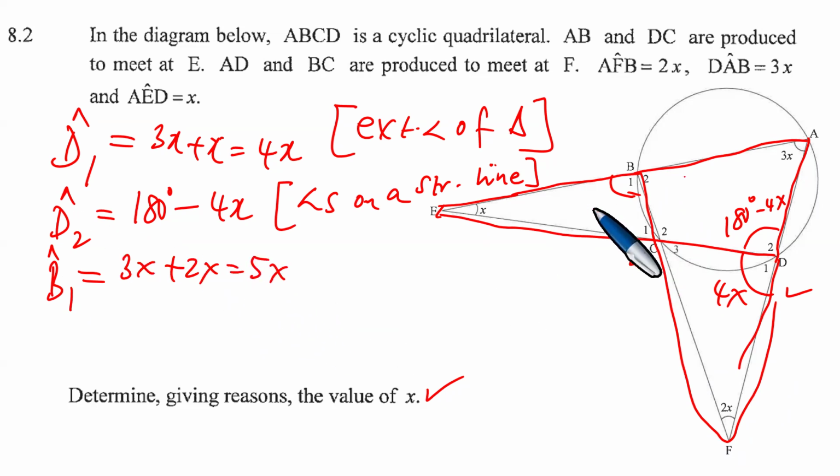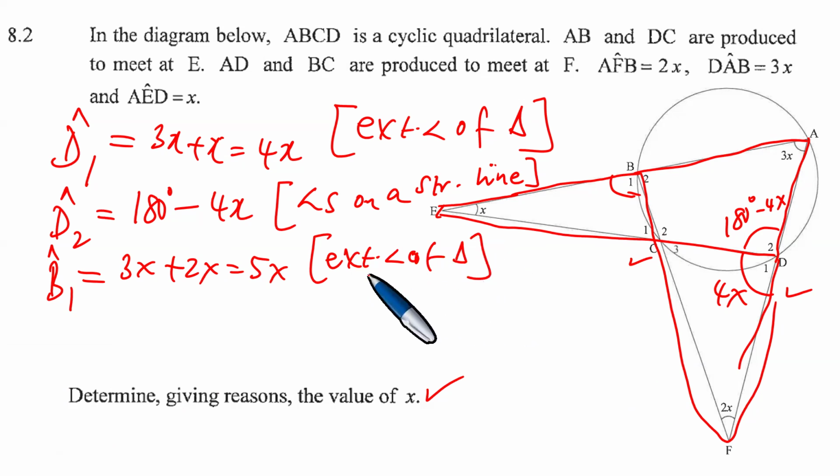So the angle B1 is 3x plus 2x, which is 5x, which is the exterior angle of a triangle.